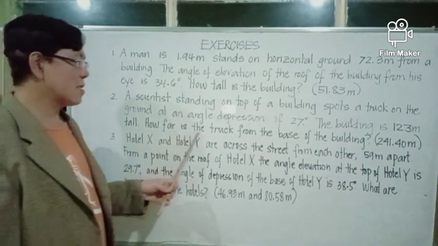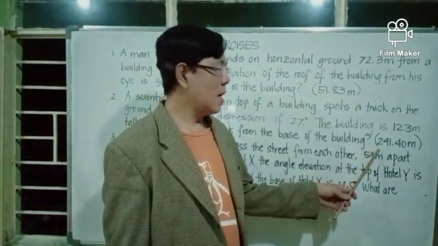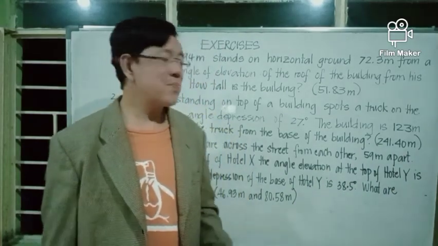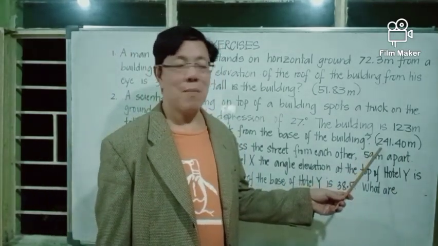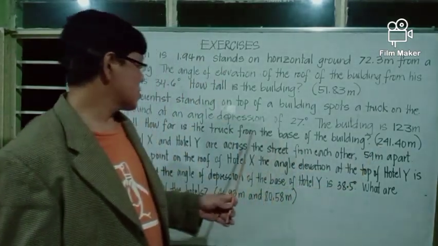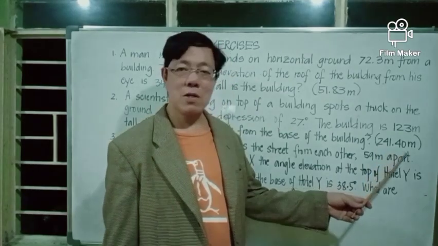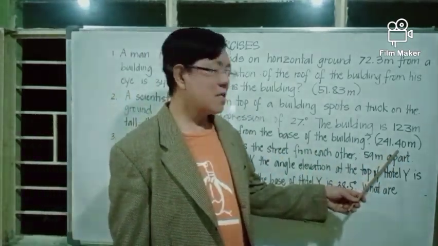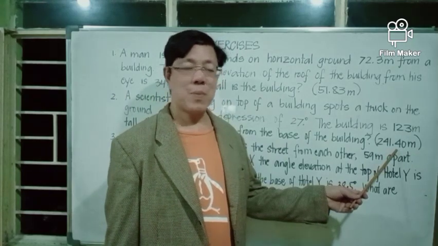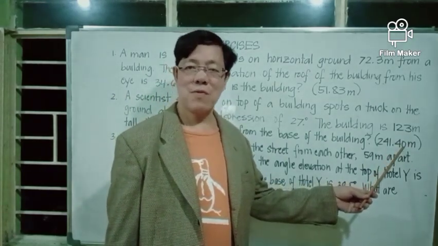How far is the track from the base of the building? Again, for you to check your answer, I give you the answer for this problem number 2. The track is 241.40 meters from the base of the building. The answer here is up to 2 decimal places, hence we cannot drop 0 because 0 is significant.